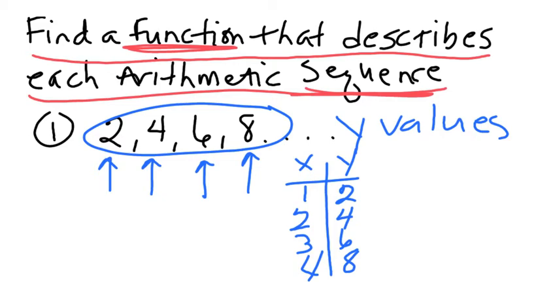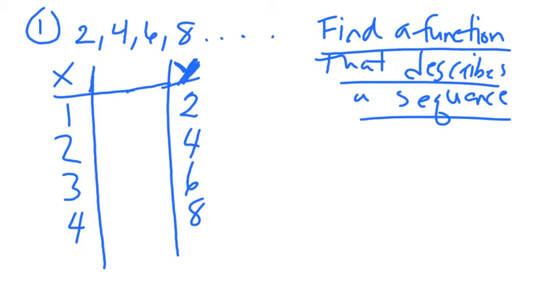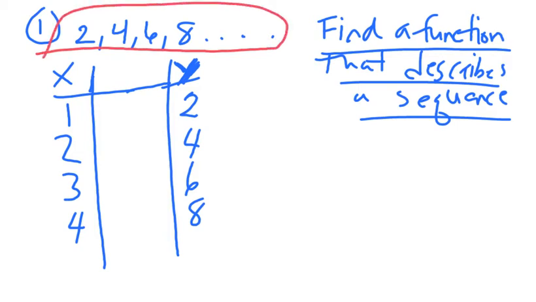Let me erase the screen and we'll continue. Now, remember, this is the problem that says find a function that describes a sequence, important directions. So all I've done, and these are our y values, they give us the y values, we always use 1, 2, 3, 4, and so on for x.